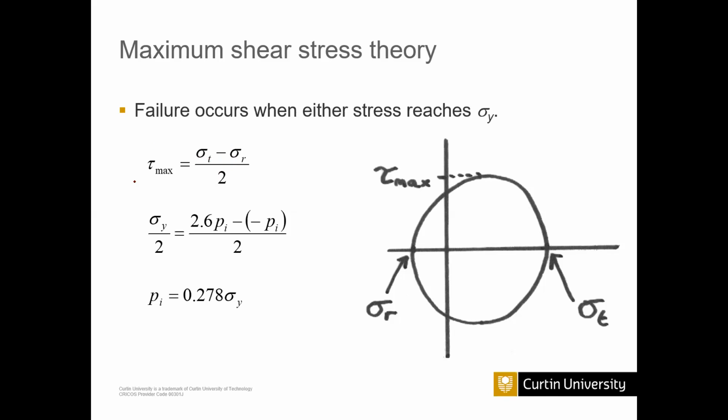This relationship I already explained. If you know the principal stresses sigma 1 and sigma 2, sigma r and sigma t, the difference divided by 2 is given by tau max. So the radius of this Mohr circle is tau max.